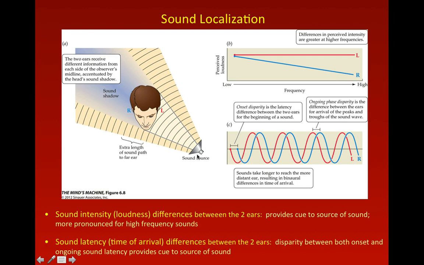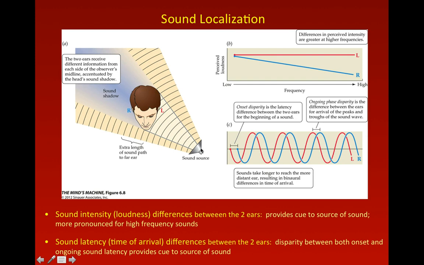So recall that the source of a sound is going to create alternating waves of high and low pressure. There are two different cues that this leads to. One is that the head creates a barrier to this sound. So sound waves can't travel through the head. They have to go around.